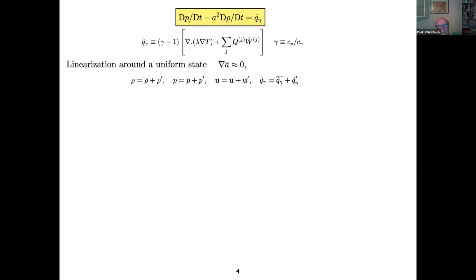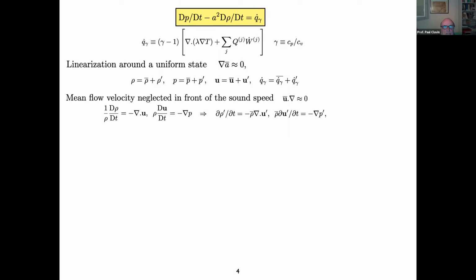What we are going to do is linearize. I will essentially use a one-dimensional system, uniform. The unperturbed state is uniform, and the combustion is distributed uniformly in the tube, because if you are working in one dimension, it is a tube.